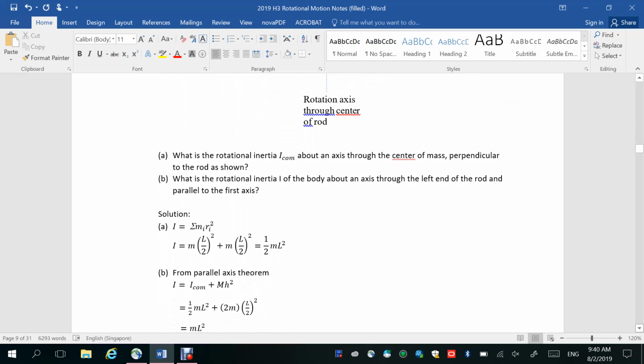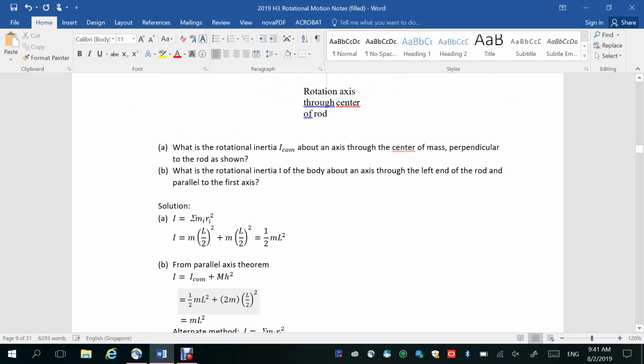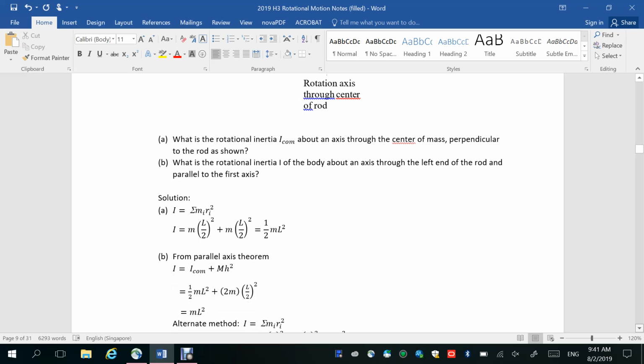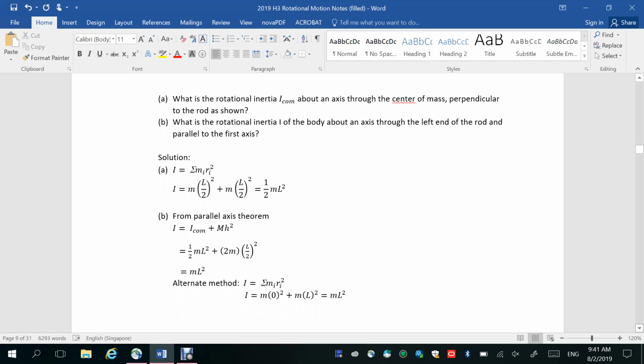So using the parallel axis theorem, the moment of inertia about the new axis will be the moment of inertia about the common center of mass plus Mh squared. So the M is 2m, h is half the length of the rod, which is L over 2. So we end up with ml squared. Or since it's just two particles, we can actually use the defining equation for rotational inertia again, summation mi ri squared.